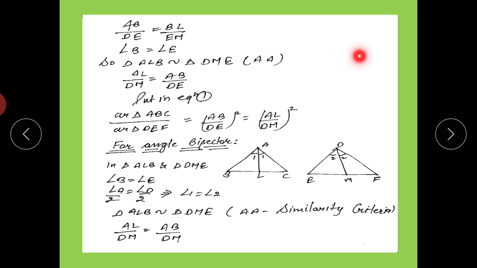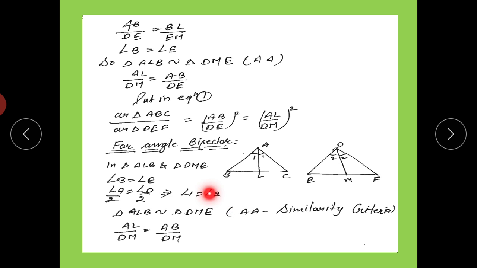Now for angle bisector, if you are able to prove angle bisector, this ALB and DME, again ALB and DME for angle bisector. Angle B is equal to angle E, half of the angle A and half of the angle D. Half of the angle A is angle 1 and half of the angle D is angle 2. So angle B equal to angle E and angle 1 is equal to angle 2. Two angles are equal, then triangles are similar.